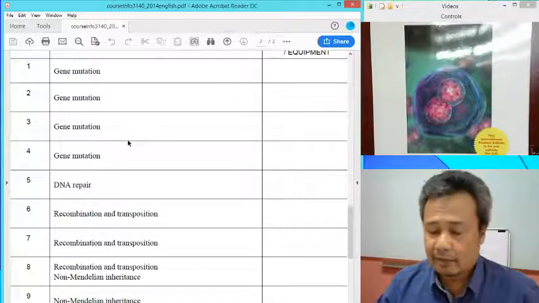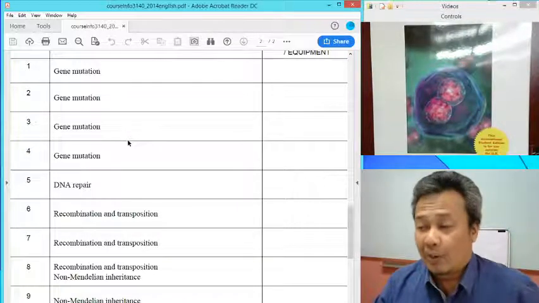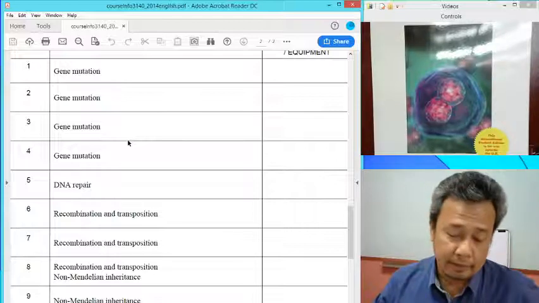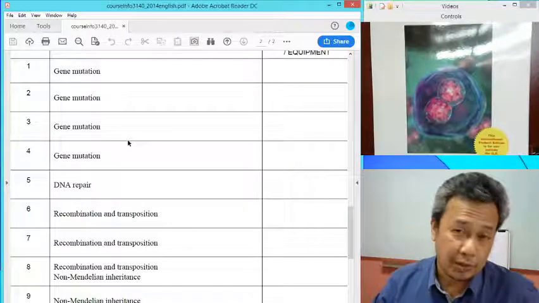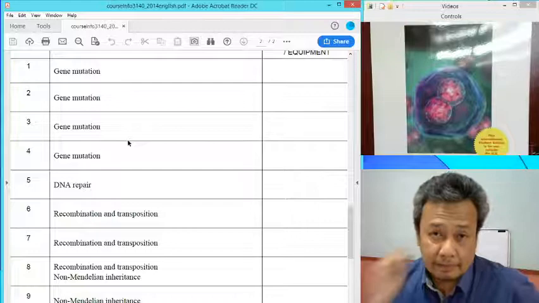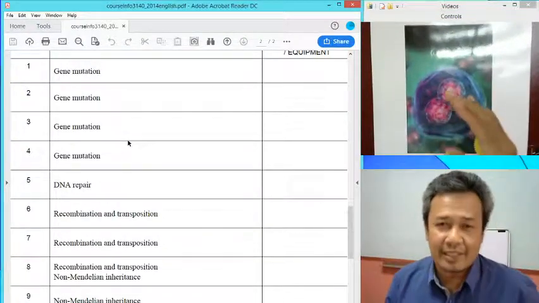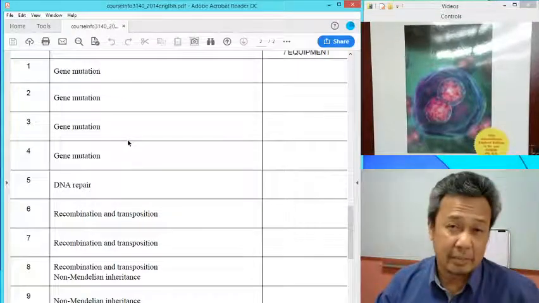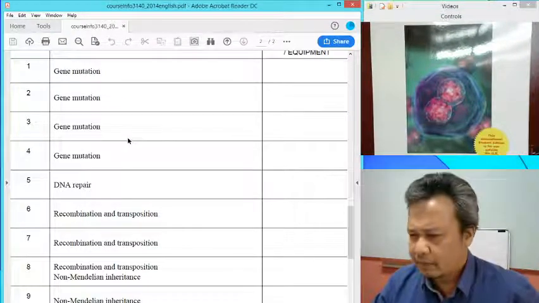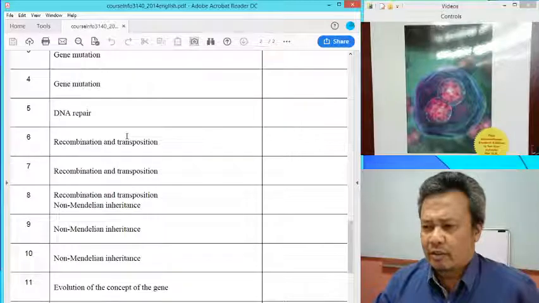We're looking at some examples, including an experiment showing that X-rays actually cause mutations, the CLB chromosome experiment. There are several other experiments, and then we'll finish on mutations.